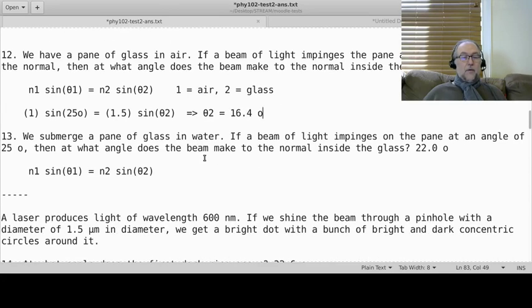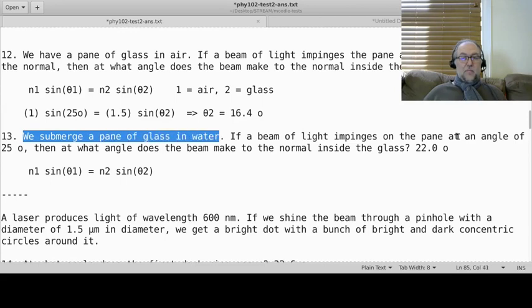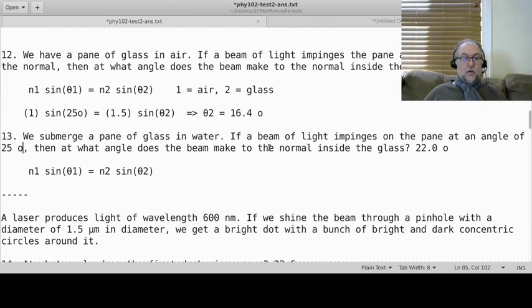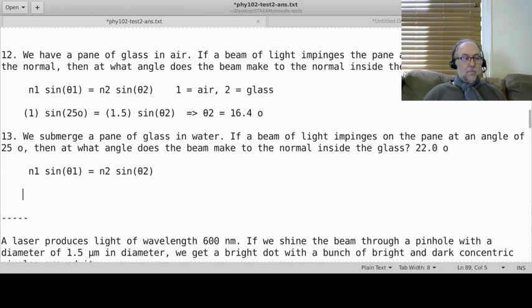Now we repeat this, but now we submerge the pane of glass in water. If the beam impinges at 25 degrees, now that's 25 degrees in water, what angle does it make to the normal inside the glass? It's really the same problem, but now 1 refers to water and 2 refers to glass.